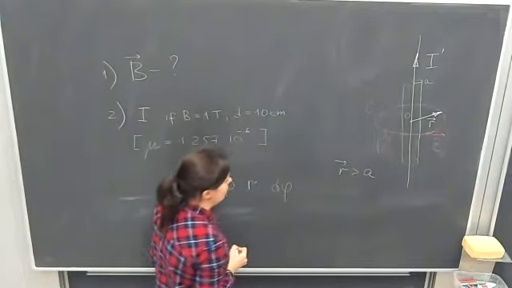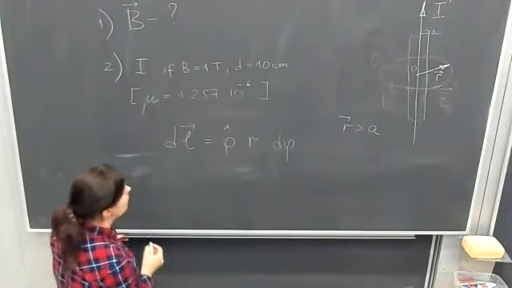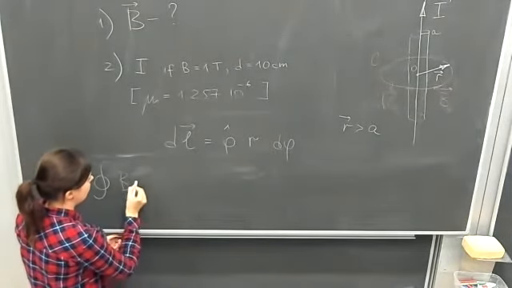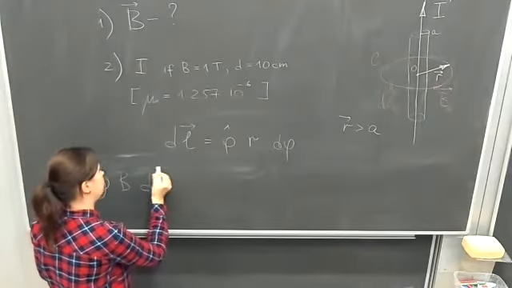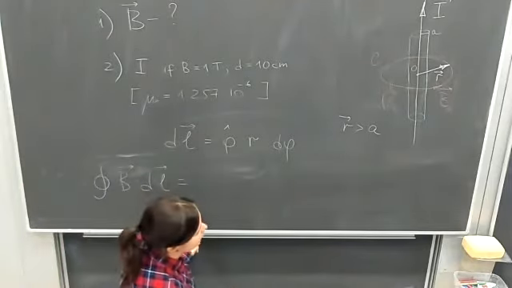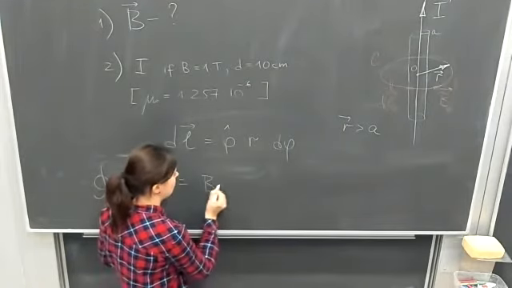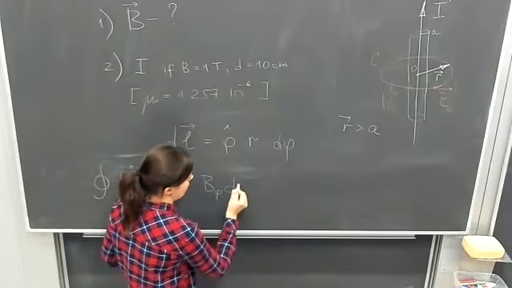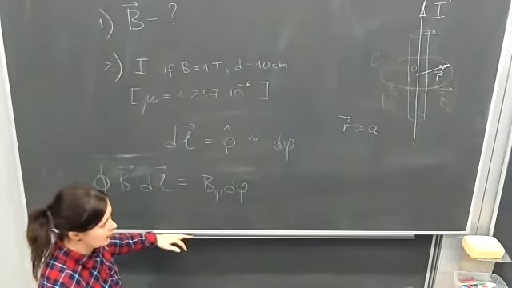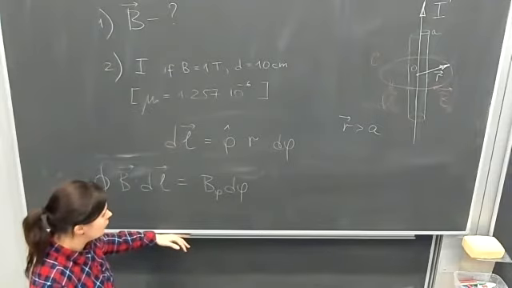And it's r d phi. So then the left side will be equal to, our B is also in the phi direction.